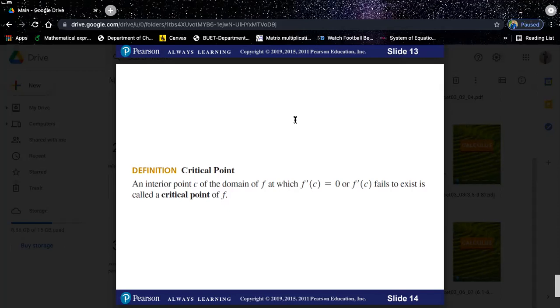That means that at that point the function is not differentiable. We say that it's a critical point of our function. That means whenever I give you a function, if I say find the critical point for me, you just need to find the first derivative of that function, then set that to 0 and solve it. We'll see examples of it, okay? I'll show some worked out problems, but that's the definition, okay?